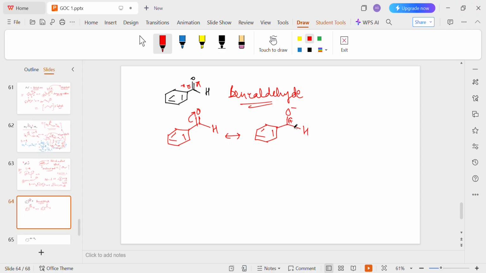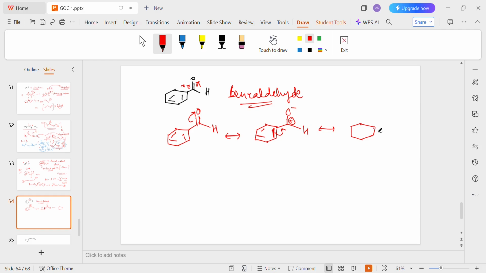Okay, a positive charge is developed here because the pi bond density has shifted towards oxygen. अब इस positive charge को stabilize करने के लिए यहाँ पर एक double bond present है, एक pi bond present है. So this shifts here.